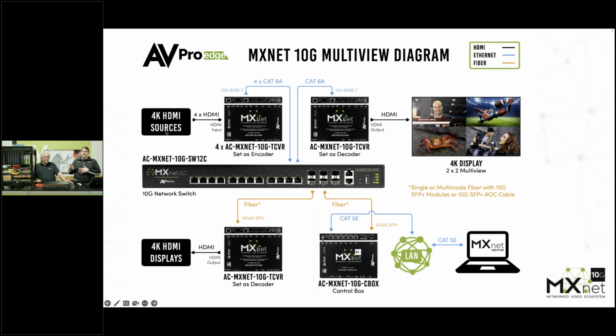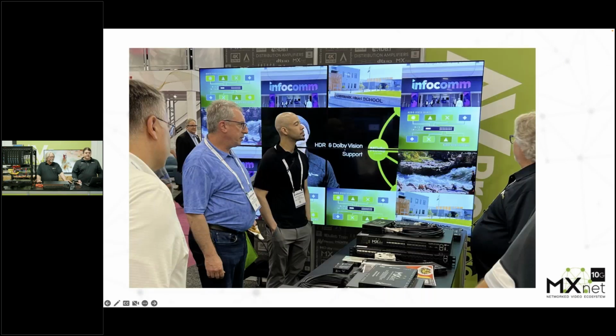You can duplicate and repeat however many times you want, and you can use any of your third-party control systems like Control4 or Crestron to do the actual switching. And your control system brain will then talk to this control box and tell these encoders and decoders exactly what to play at the exact moment and the exact zone that you want it to play in. And so that's kind of the overall topology of how this gets put together.